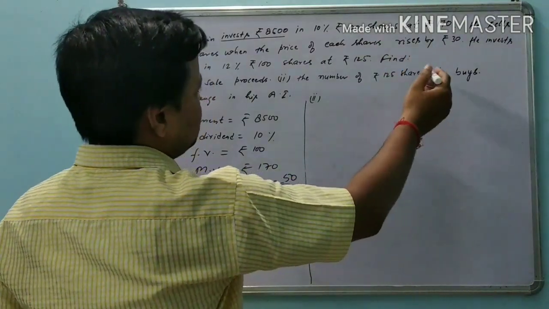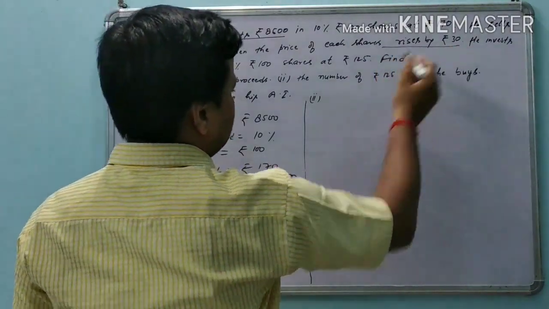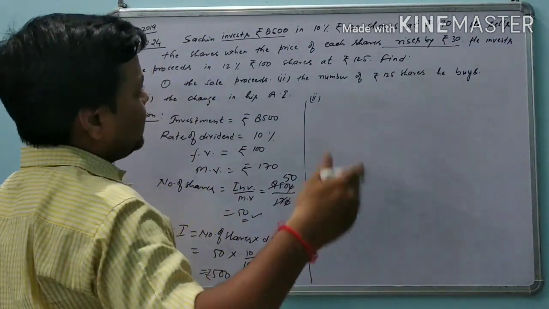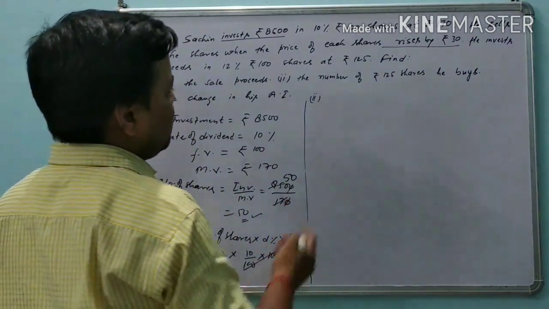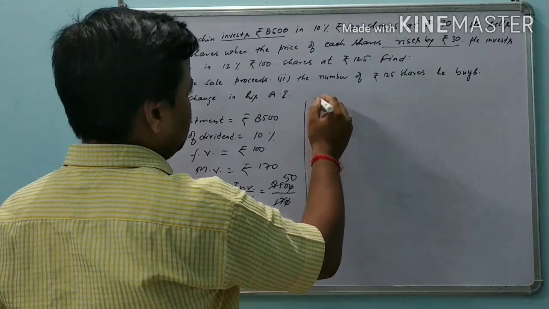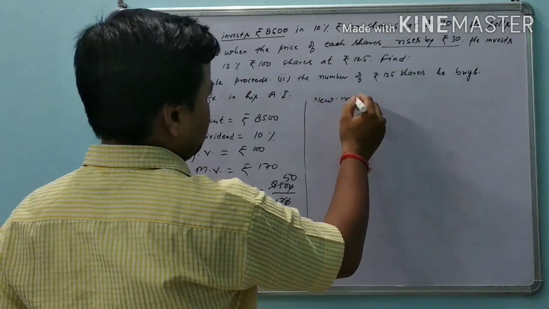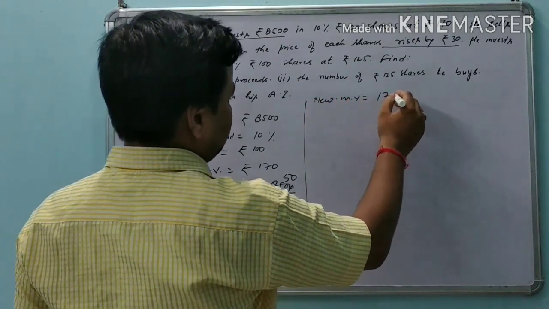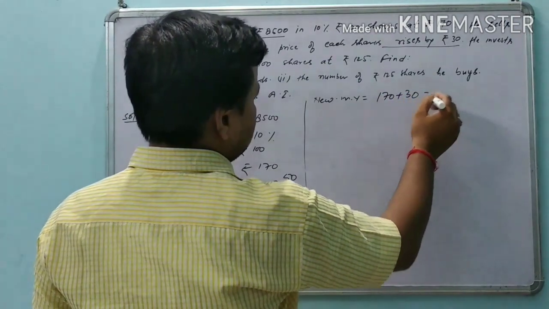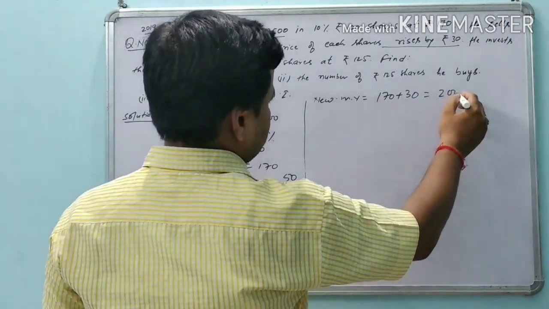What is the new market value? The price increases by 30 rupees. So the new market value is 170 plus 30, that is 200 rupees.